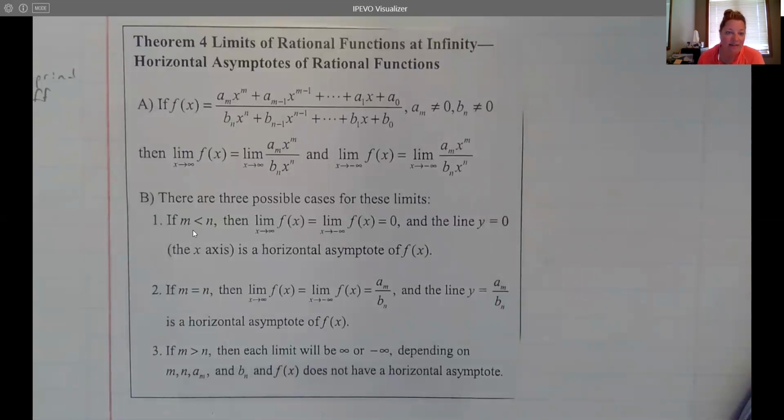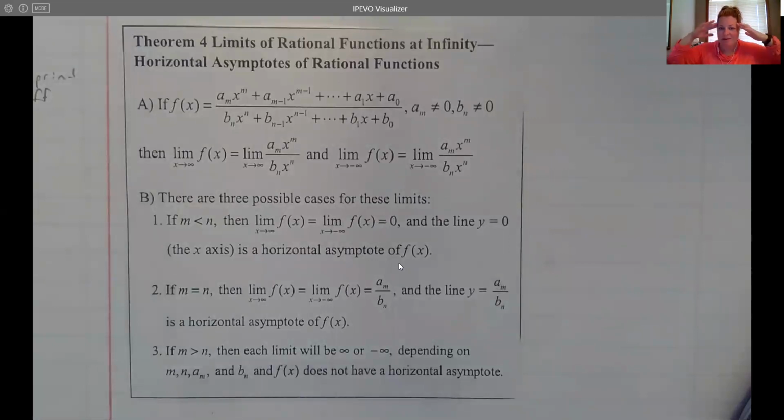Okay, so if m is less than n, these are all exponents, then the limit as you approach infinity is 0, okay? And that means we have a horizontal asymptote at y equals 0. So if the top's smaller than the bottom and you're putting in infinity, where are you headed? 0, okay?